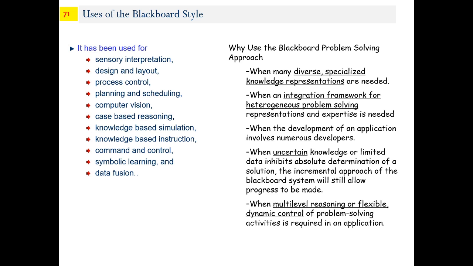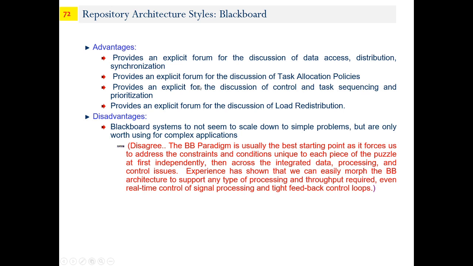The Blackboard style is used only for elementary kinds of things, that is sensory interpretation, design and layout, process control, computer vision, data fusion, right? And it has certain advantages about task allocation policies and load redistribution.